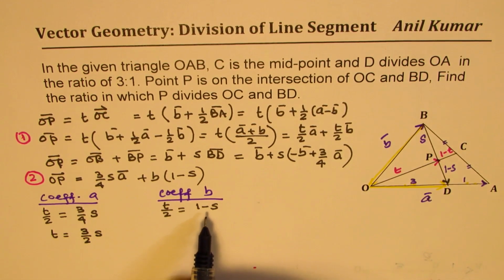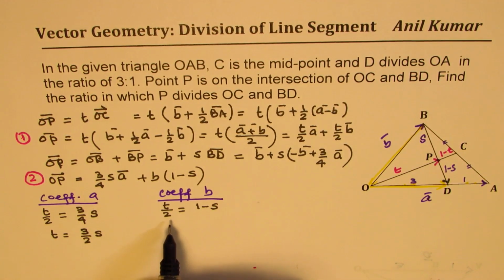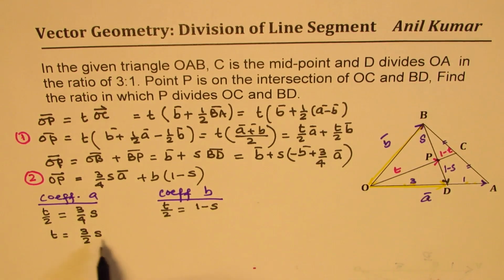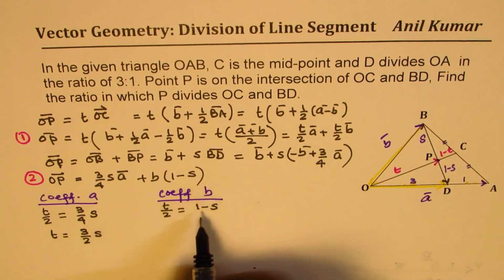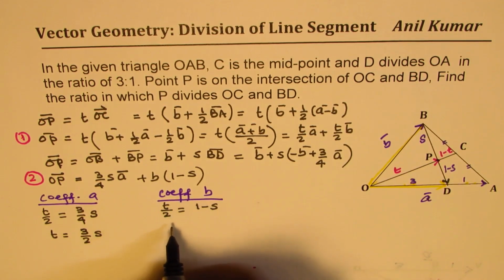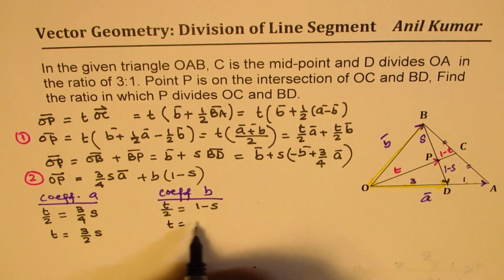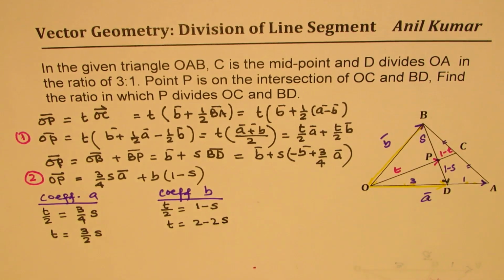Now here we know what S is in terms of T, or either way we could write S here, right? Or we could eliminate, right? So what we will do here is basically T is equals to 2 minus 2S.